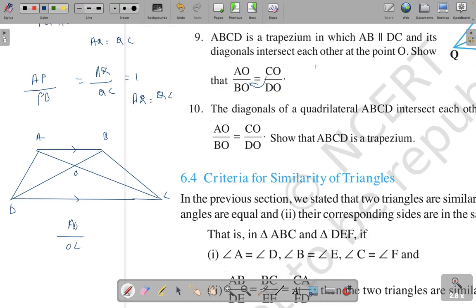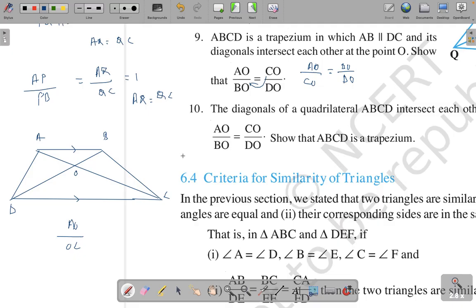So this is basically saying AO upon CO is equal to BO upon DO. This is equivalent. But how can you apply BPT when you don't have anything that is parallel?